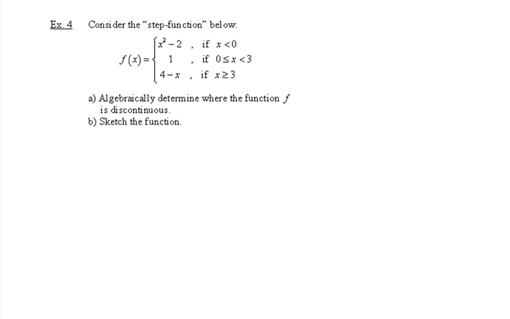Y equals 4 minus x is the equation when x is greater than 3. I'm just wanting to give you a visual picture of what the graph looks like at this point, just a very rough sketch. We're going to end up sketching this properly later on in the question.